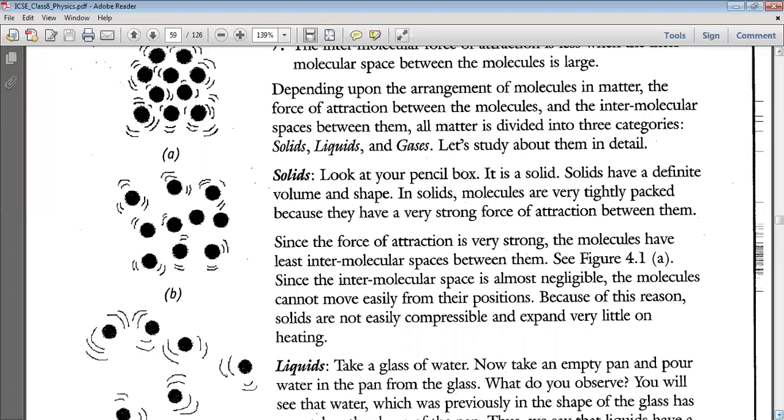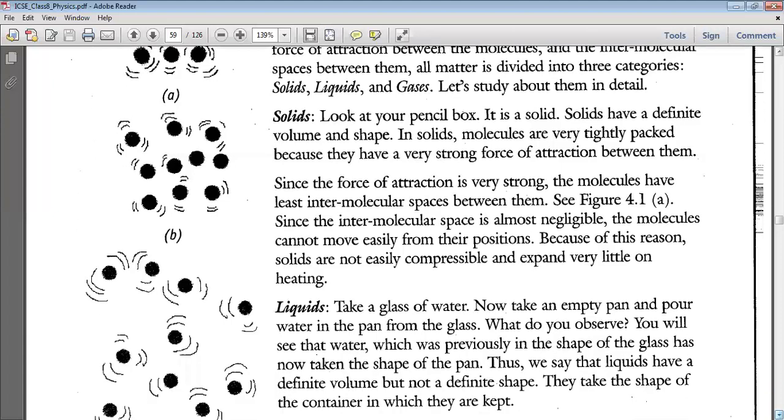So the molecules are very close to each other, the intermolecular force is very strong, and the intermolecular space is very small. Therefore, it is very difficult to break a solid, because a solid is very rigid. Rigid because the intermolecular force of attraction is very strong in case of solids.